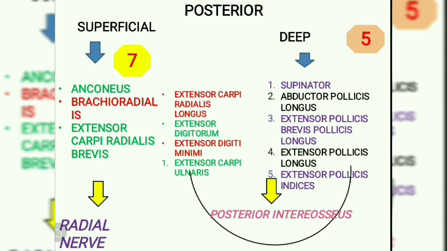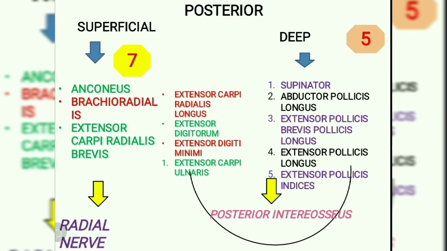Next, posterior compartment. Under the posterior compartment there are superficial muscles and deep muscles. Out of 7 superficial muscles of the posterior compartment of the forearm, 3 of them are supplied by the radial nerve, and the rest 4 of them are supplied by the posterior interosseous nerve.